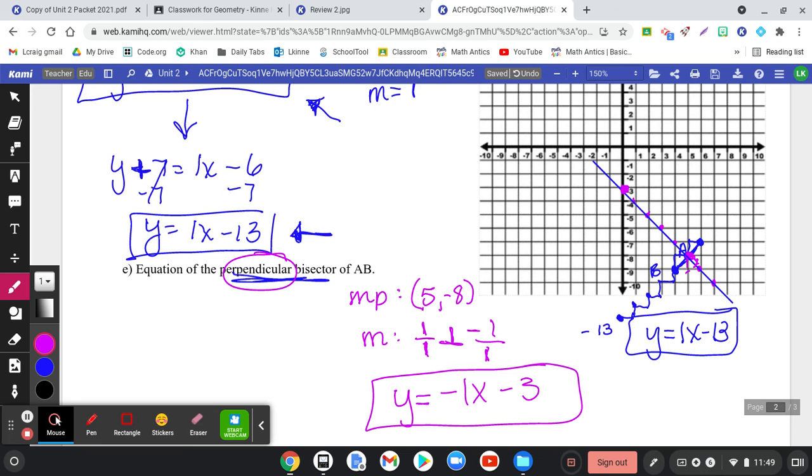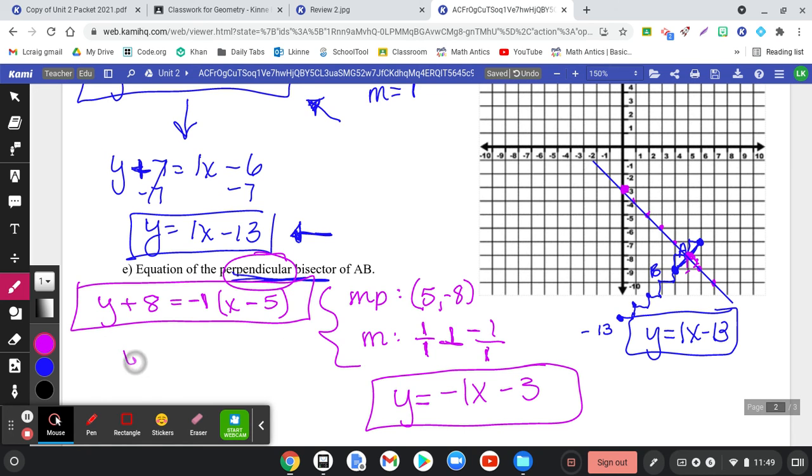Or again, you could use your point-slope formula, y minus the y value in the point, so y plus 8 equals my new slope, -1, times x minus the x value in my point. And again, you might say those aren't the same. Well, if you solve for y, they would be. It'd end up being a plus 5 minus 8 on both sides. Y equals -1x minus 3.